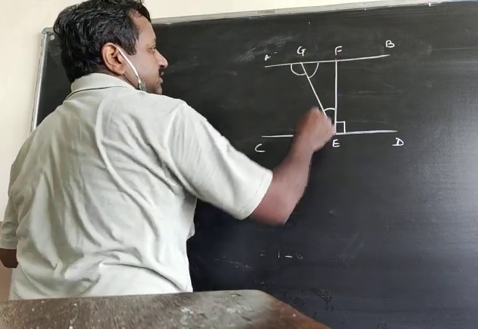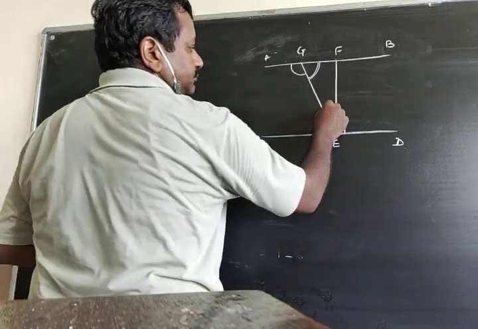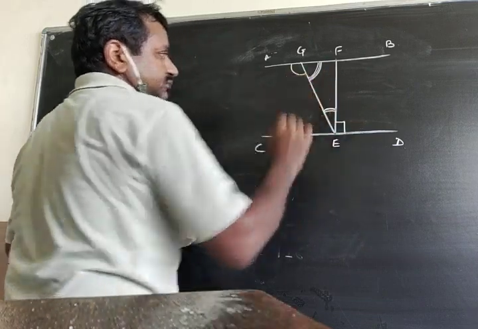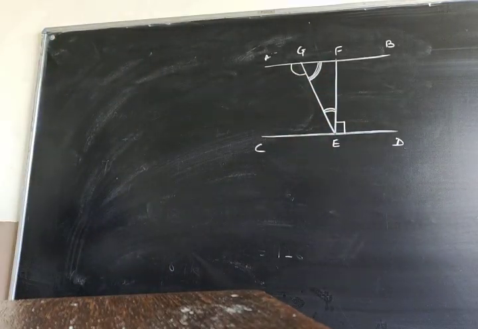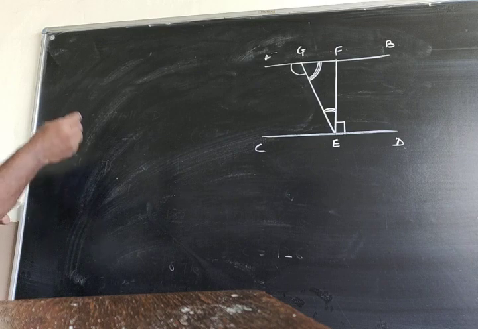These three angles we need to find out. And GED is 126 degrees, which is already given to us.